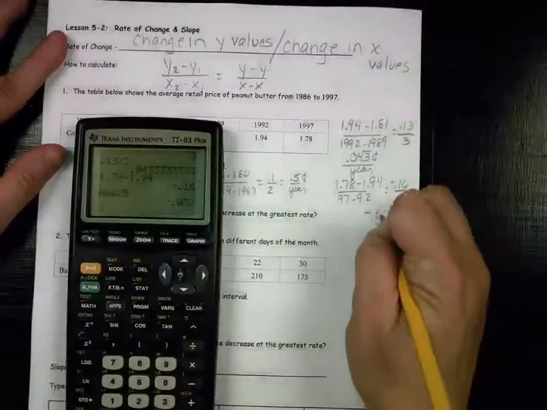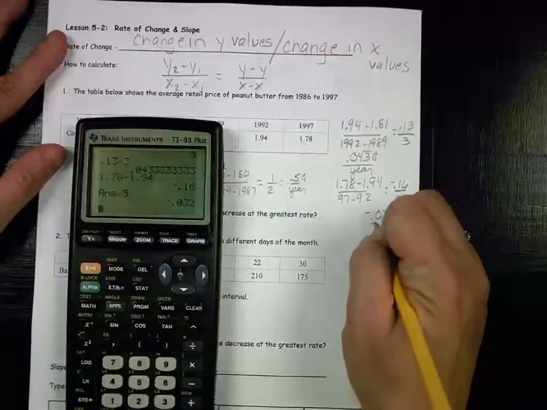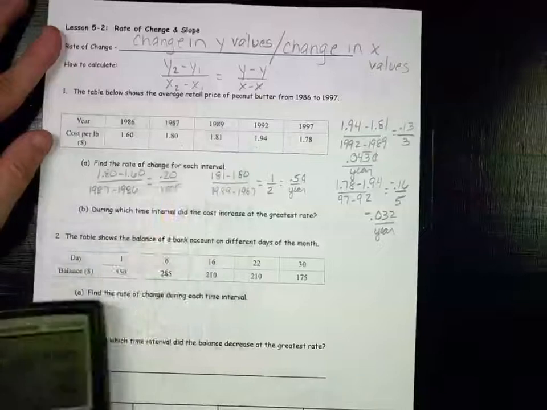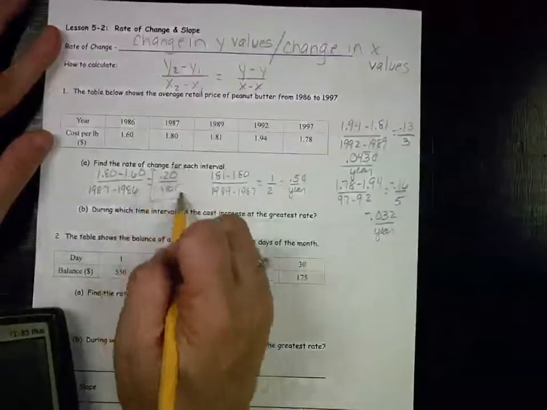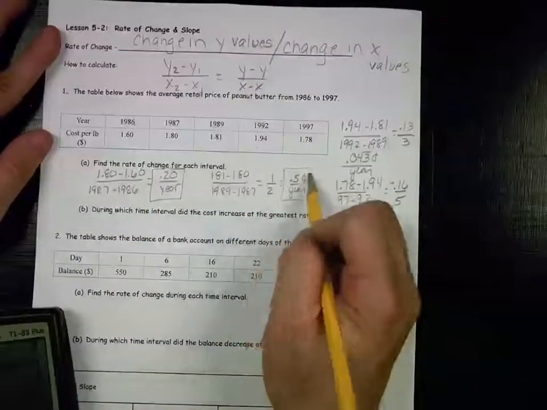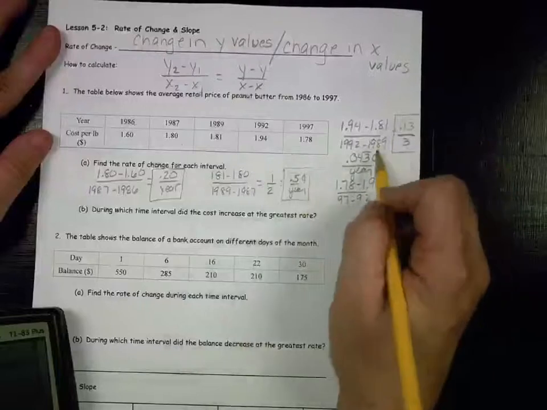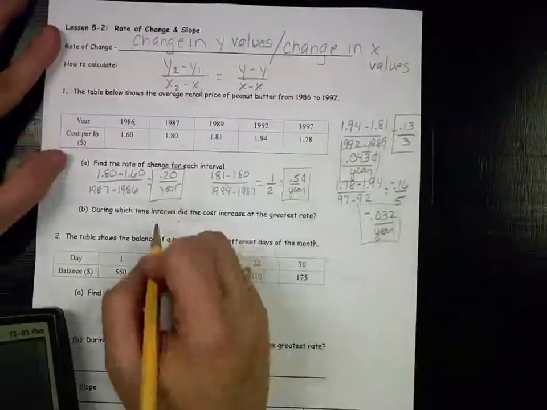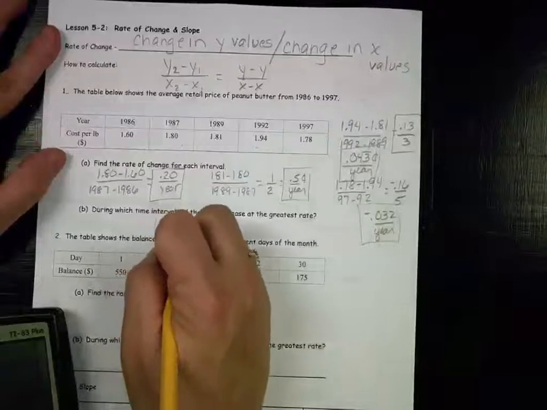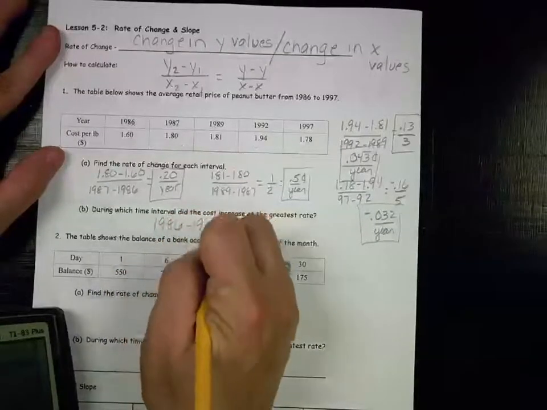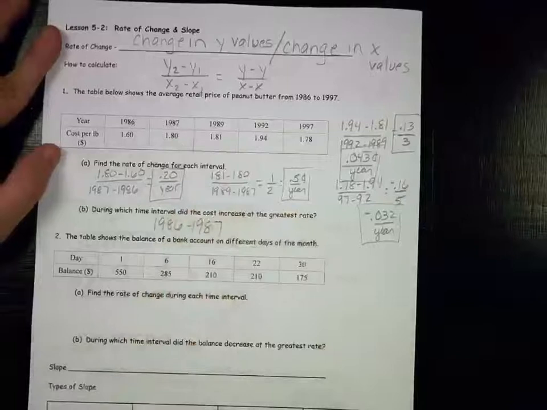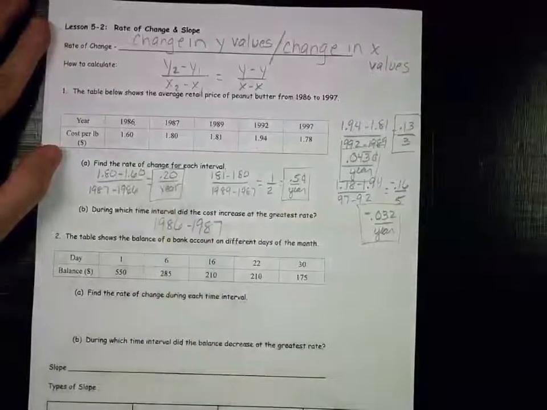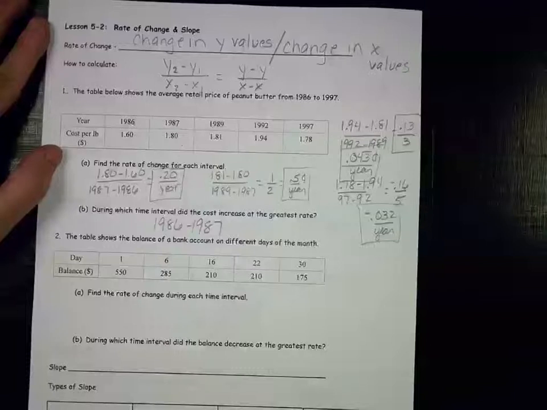So the price actually went down 0.032 cents per year. And as we look at those 4 things that we figured out, from 1986 to 1987, the cost of peanut butter increased the most, and it increased 20 cents per year.